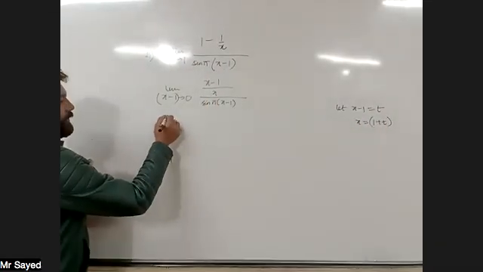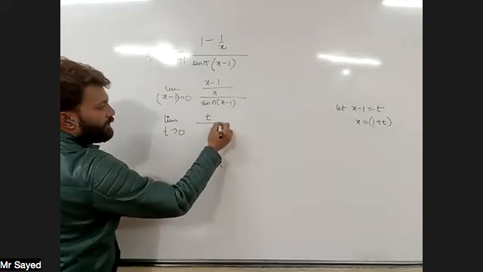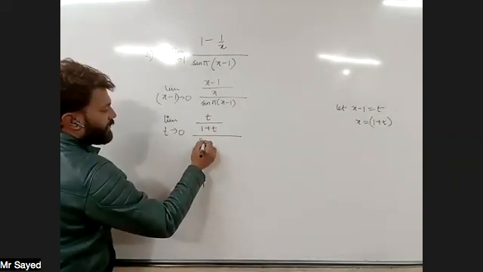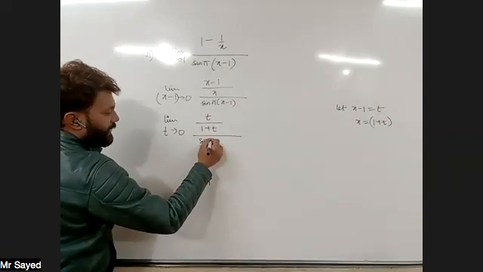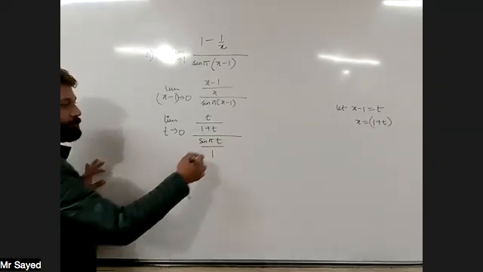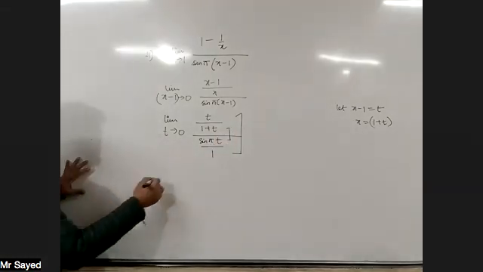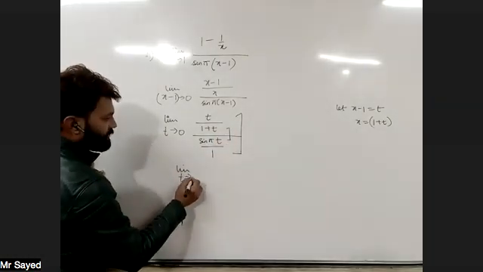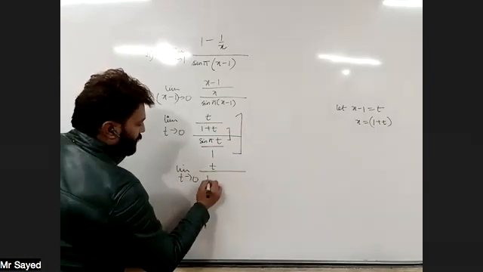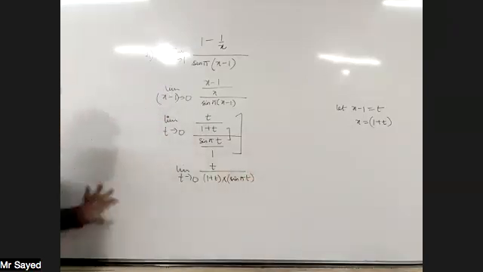So over here it will be limit t tends to 0. In place of x minus 1 t, in place of x, 1 plus t and whole upon sine pi as it is. Can we write this as sine pi t upon 1 to complete the fraction? So that it can be written in this form. So this will be limit t tends to 0, t upon 1 plus t into sine pi t.